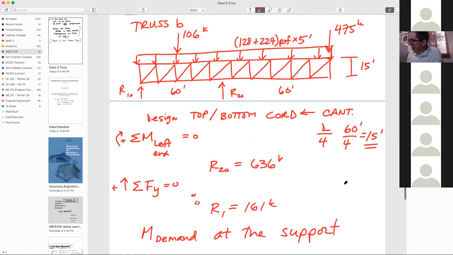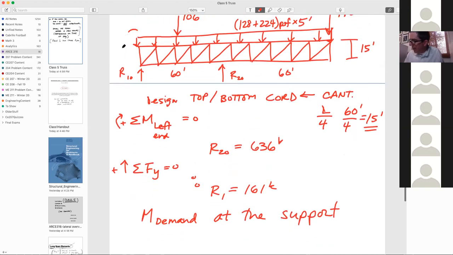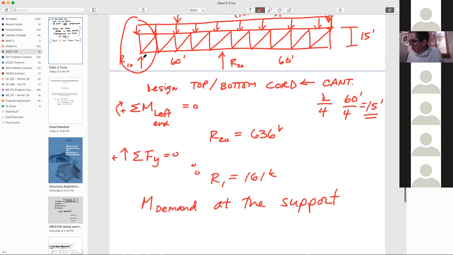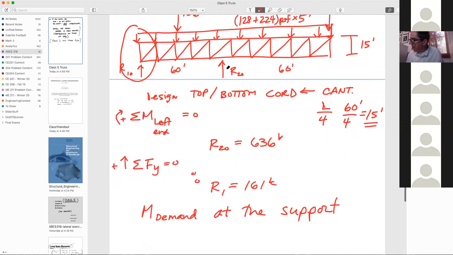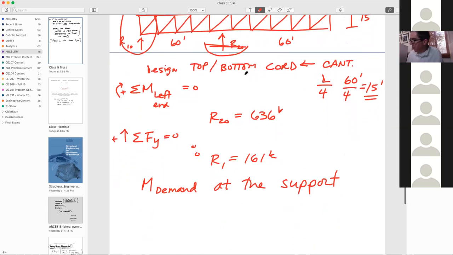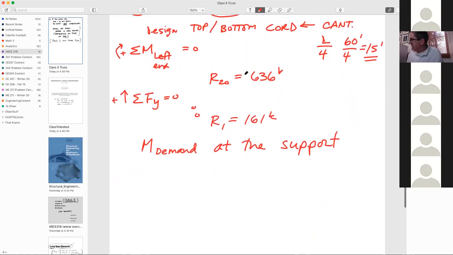For the cantilever, we would know that back here there's 0 moment because that's like a pin connection. So the moment that we're going to find is going to be right over the internal support. And you can do that a couple different ways.